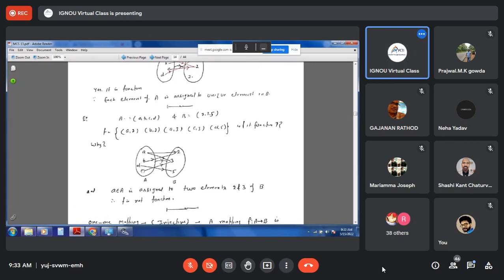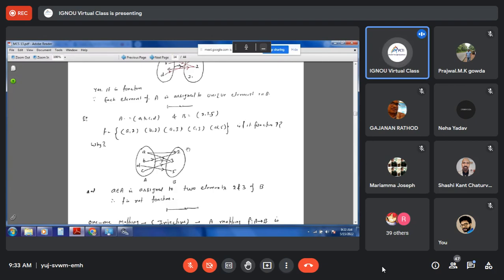Two members from A, like a and c, are assigned to 3. It is allowed. But if a has two images like 2 and 3, it is not allowed.